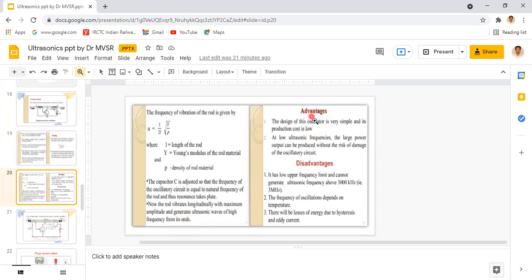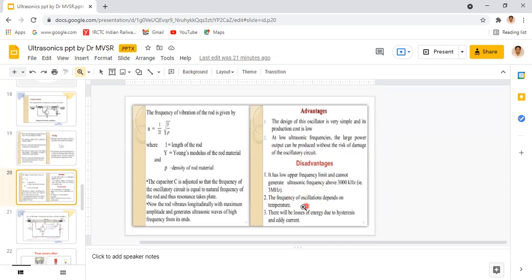Coming to the advantages and disadvantages of this magnetostriction method. The design of this oscillator circuit is very simple and its production cost is low. At low ultrasonic frequencies, a large power output can be produced without the risk of damage to the oscillator circuit. Some disadvantages are also there.